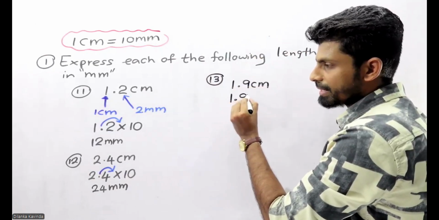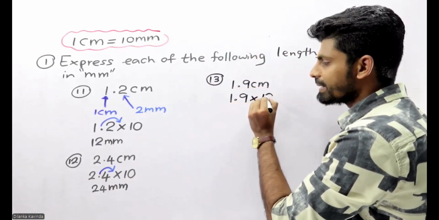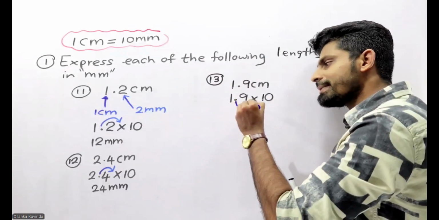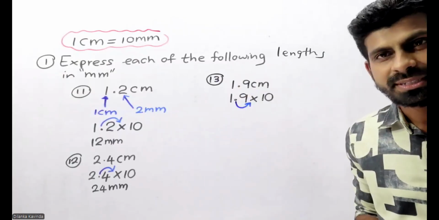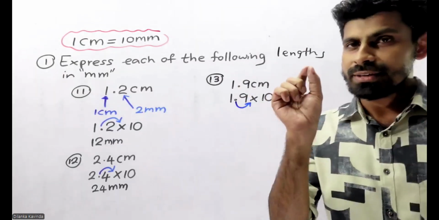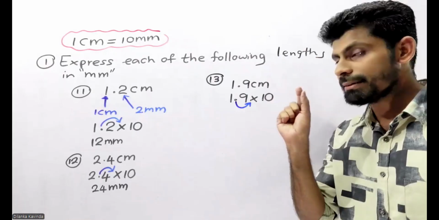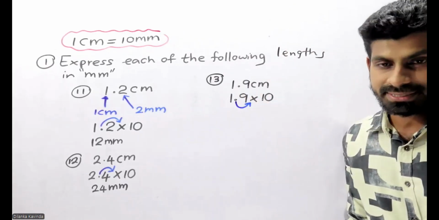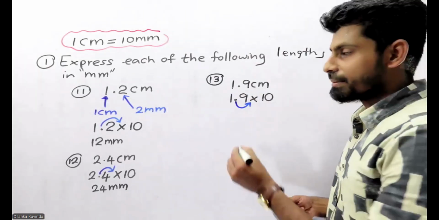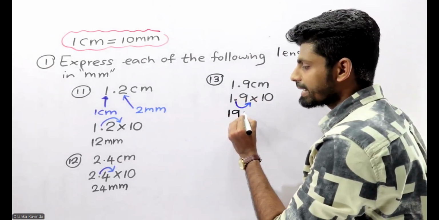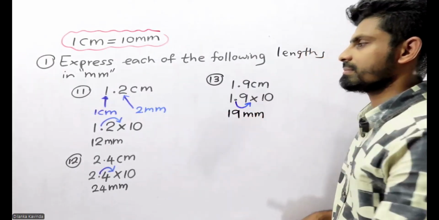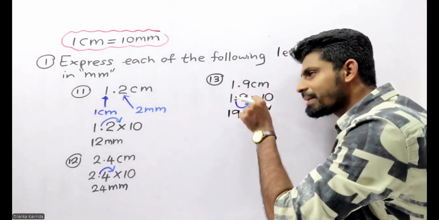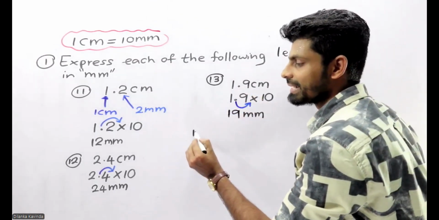That means 1.9 multiplied by 10. One decimal place moving to the right side. We know decimal multiplication. Why are we moving one decimal place? Because only one zero is there. For 100, we need to move two decimal places. So 1.9 multiplied by 10 means 19 millimeters.